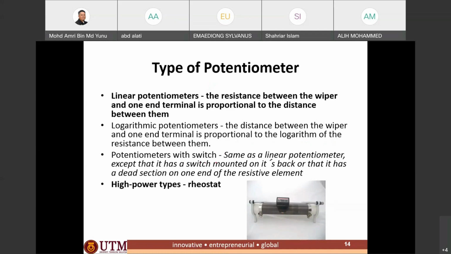And potentiometer with switch, same as linear potentiometer, except it has a switch mounted on its back, or it has a dead section in one of the resistive elements. And the high power type is called a rheostat, as we can see in the figure.